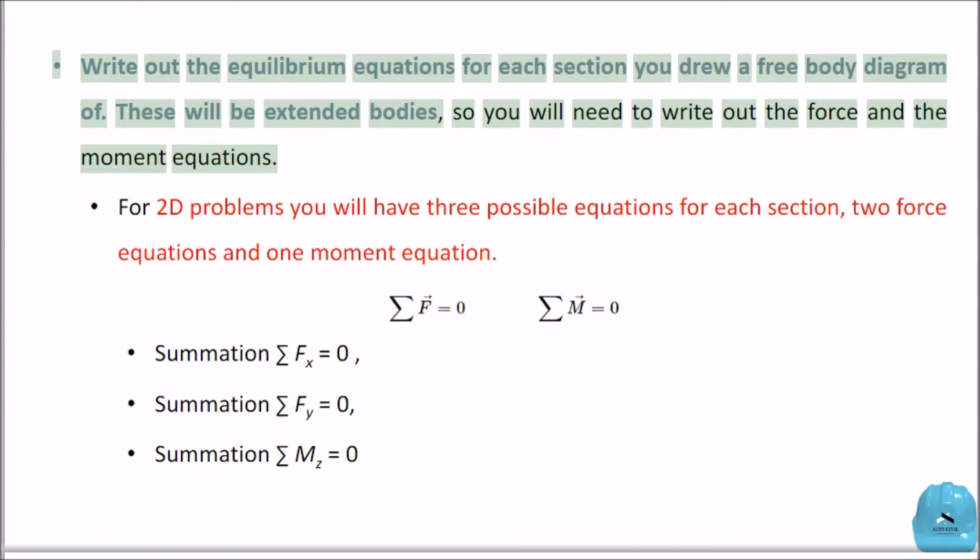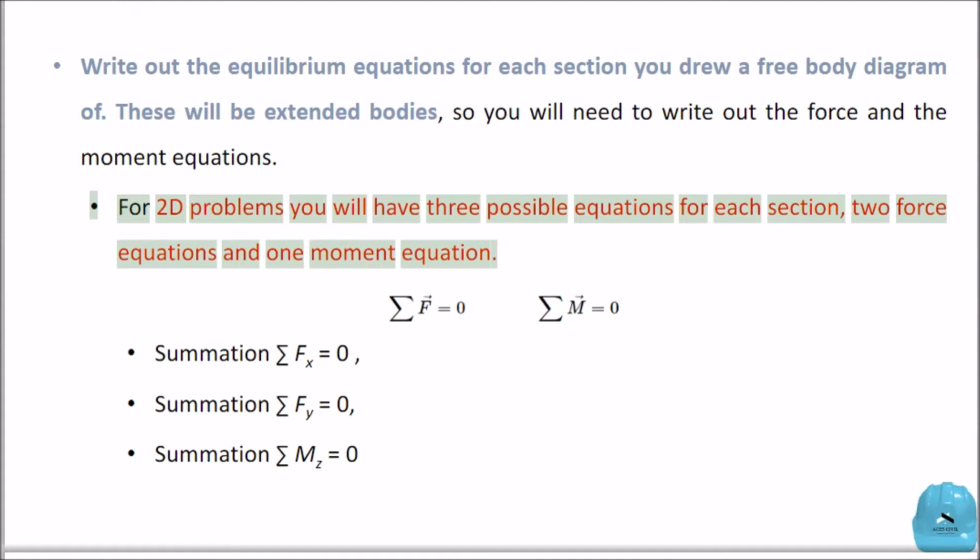Write out the equilibrium equations for each section you drew a free body diagram of. These will be extended bodies, so you will need to write out the force and the moment equations. For 2D problems you will have 3 possible equations for each section, 2 force equations and 1 moment equation.